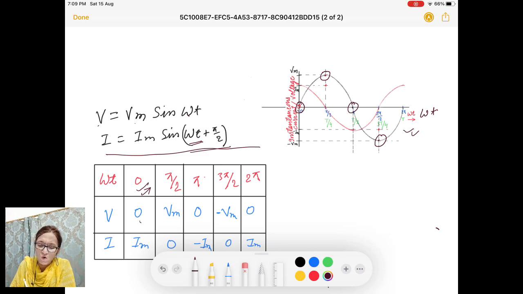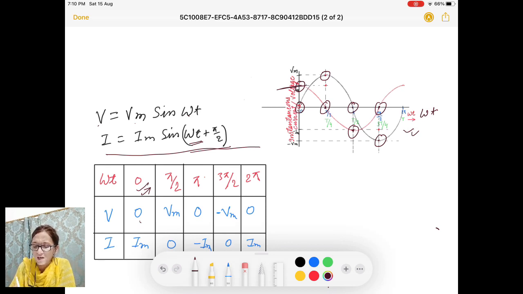So at 0 omega t, I becomes Im. Here you have the current amplitude at this value. So the first point for the I versus omega t graph is obtained here. Similarly, you can plot all the points, and you can draw an I versus omega t curve passing through these plotted points.